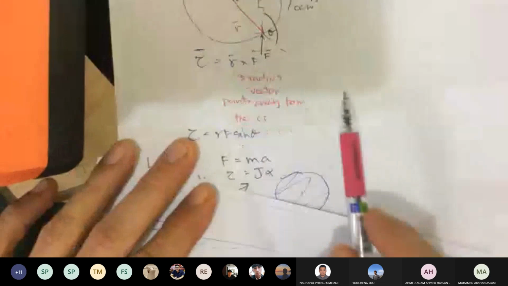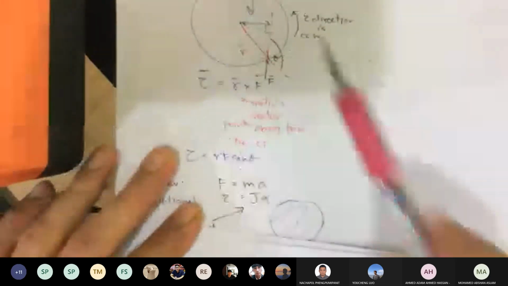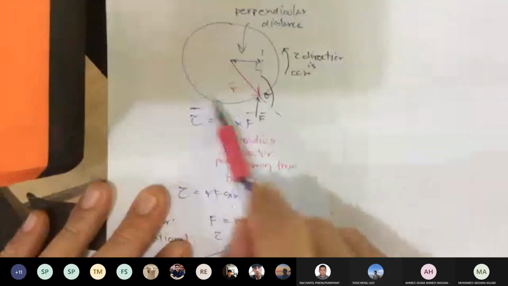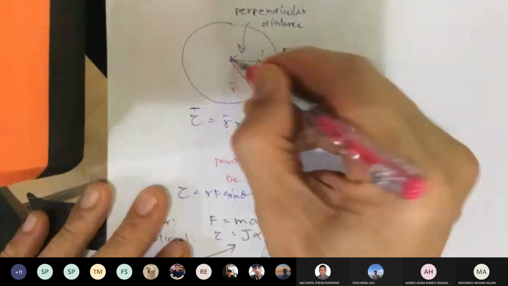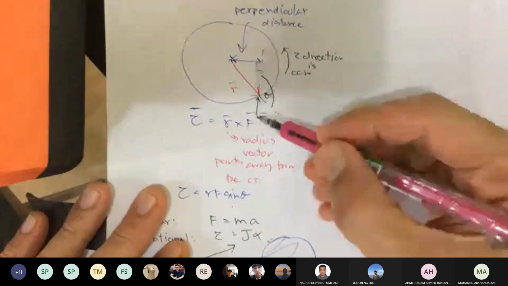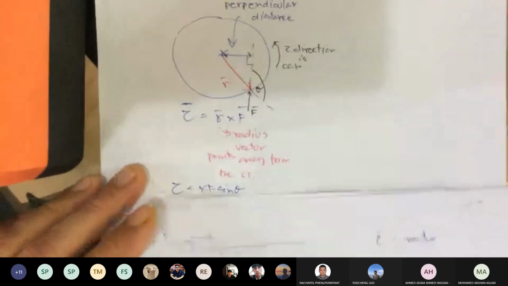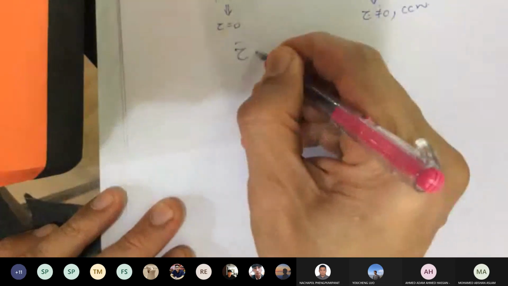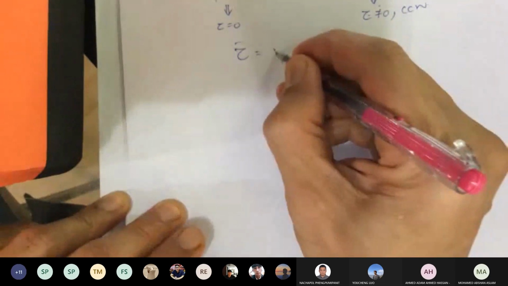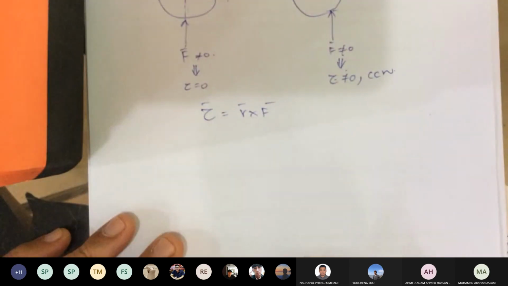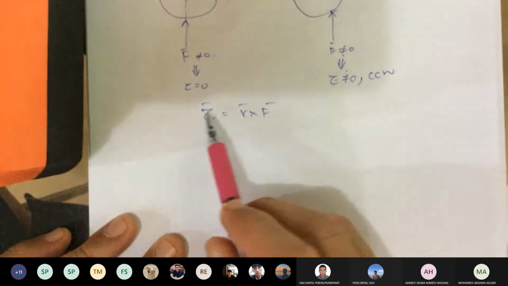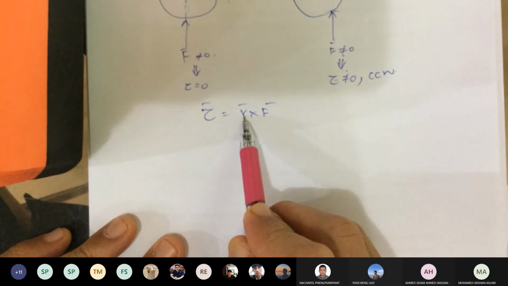This is going to give you a better picture. We have an object here, the center is there, and I have a force applied here. Before we do that, the official equation, if you've forgotten: torque is vector R cross vector F. So what is vector R?